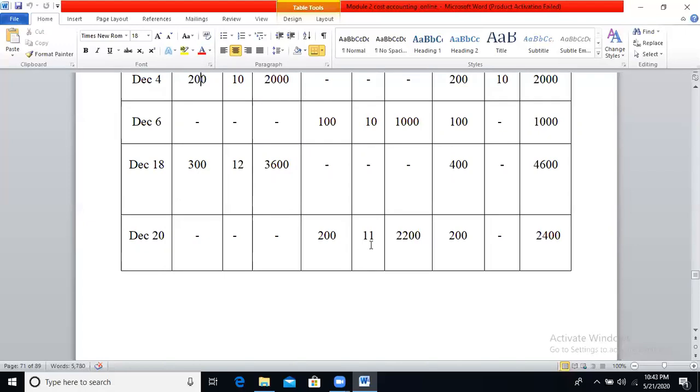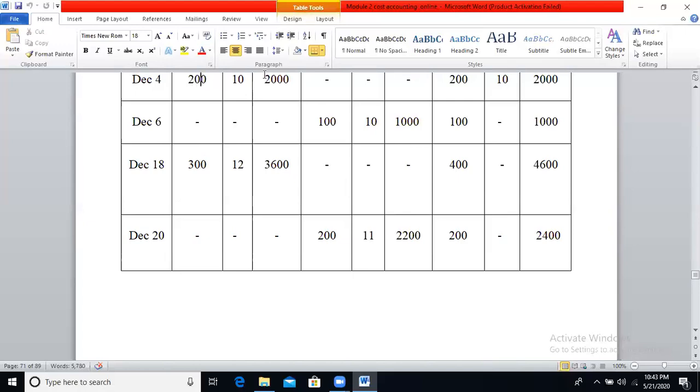So in case of simple average price method, whenever you are issuing the quantity, you have to consider the average price. And how will you calculate the average price? You have to see the balance quantity, and how you will get the balance quantity, you have to go through the reverse chronological order of receipts. In order to get 400, 400 includes December 18th purchase of 300 units and the remaining 100 units from December 4th.